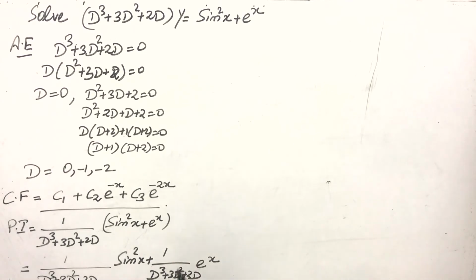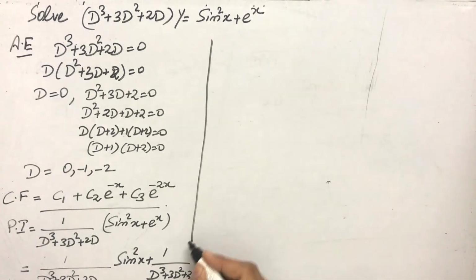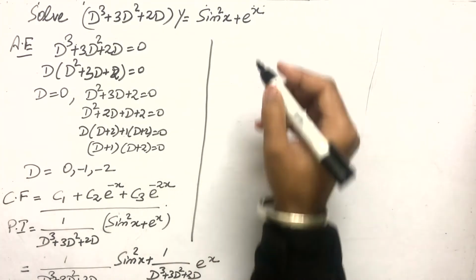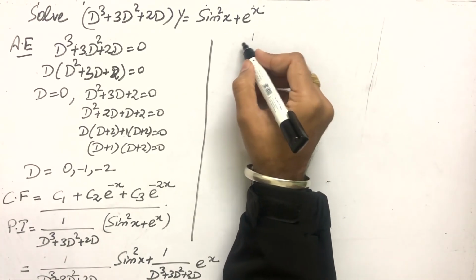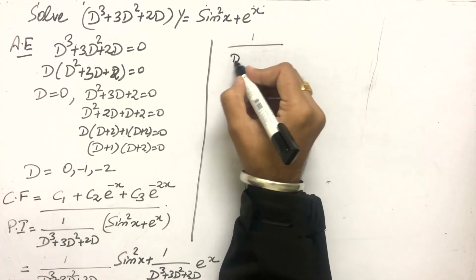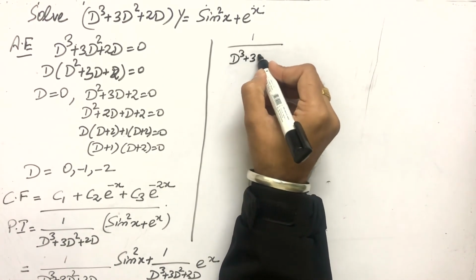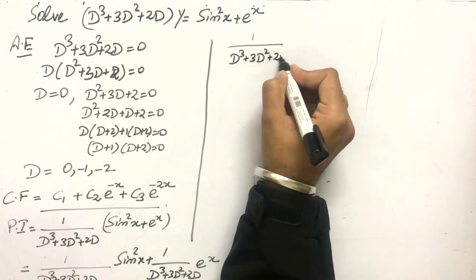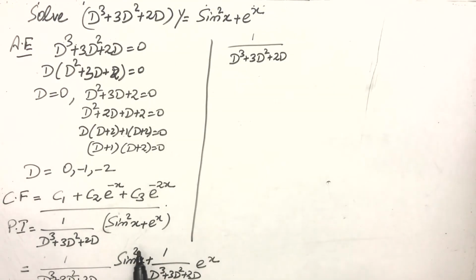So we will solve them separately, and let us first solve this part, that is 1 upon (D^3 + 3D^2 + 2D).